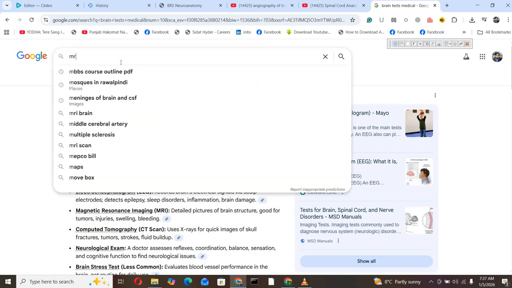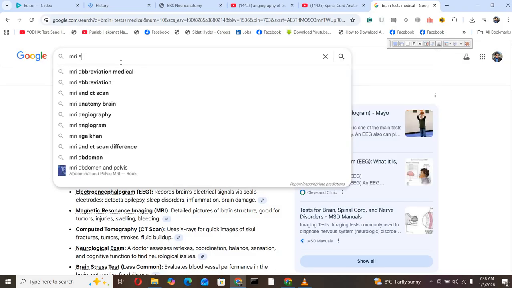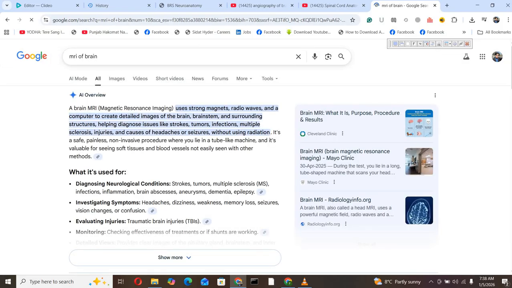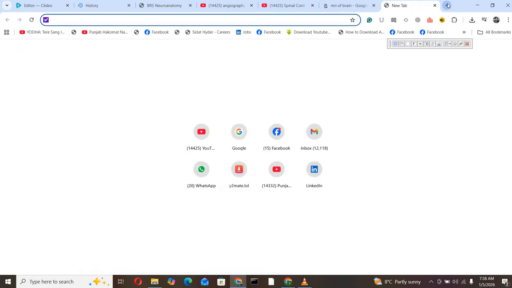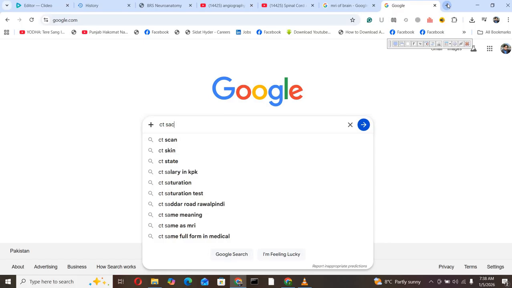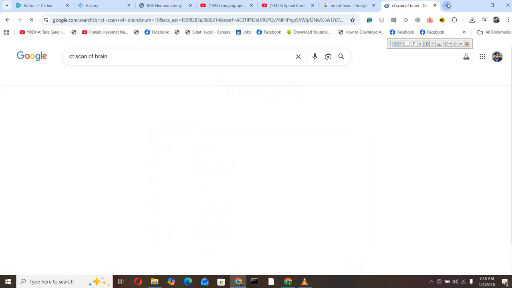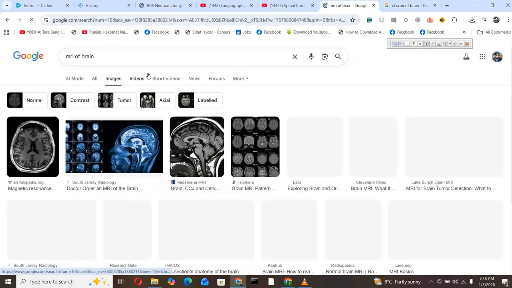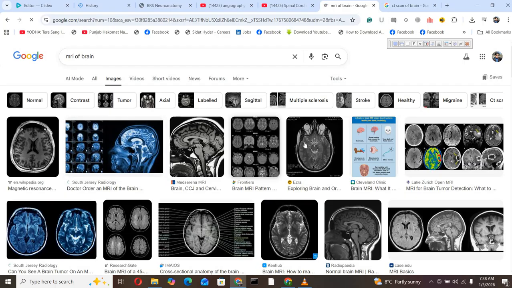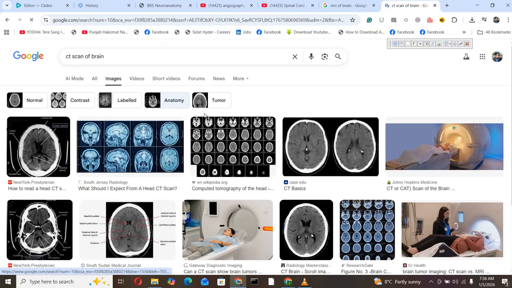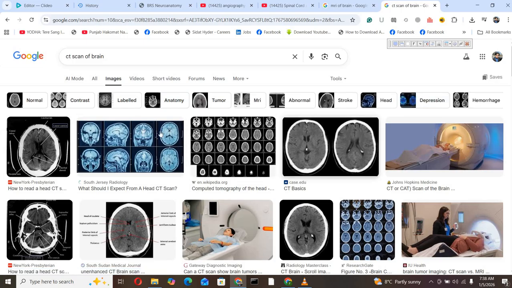MRI of the brain. CT scan of the brain. So this is an MRI picture of the brain, and the other one is the CT scan of the brain.